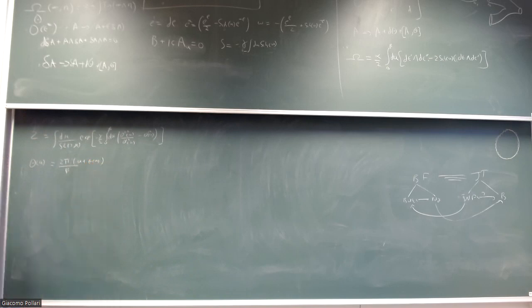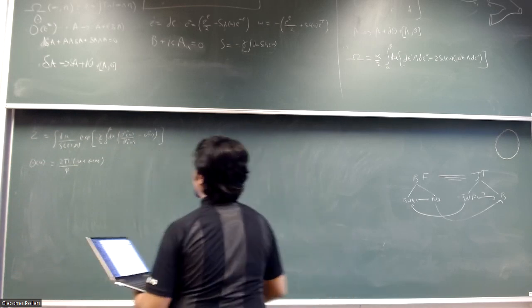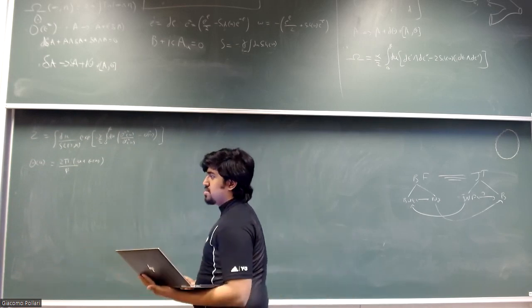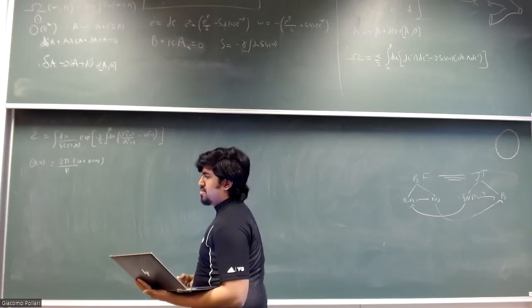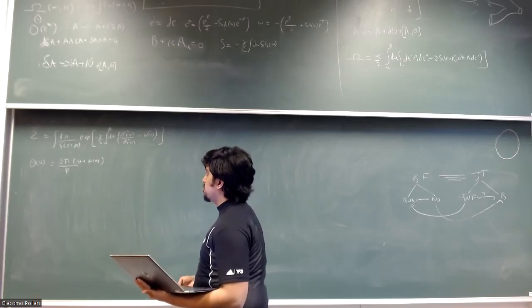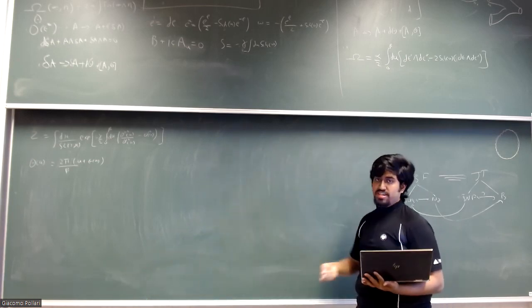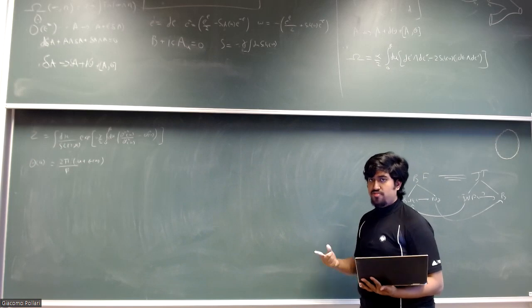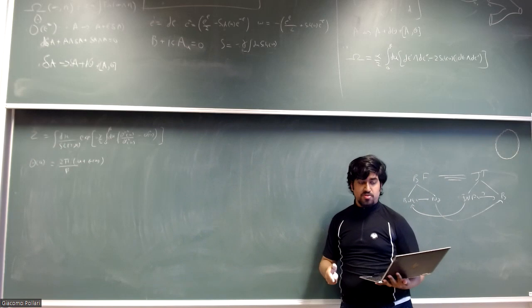I want to explain where the SL2R sits. If I recall correctly, it's because of the disk and the boundaries, and the Schwarzian action has it built in. I'm not sure exactly.